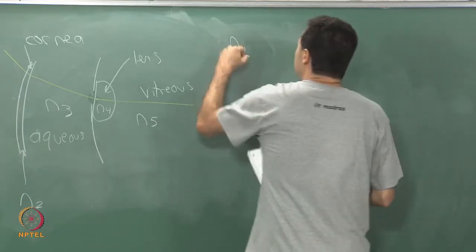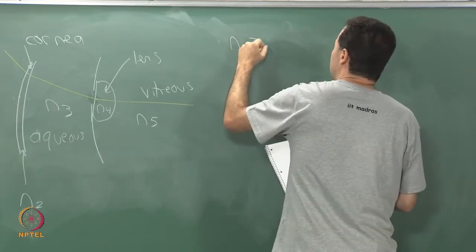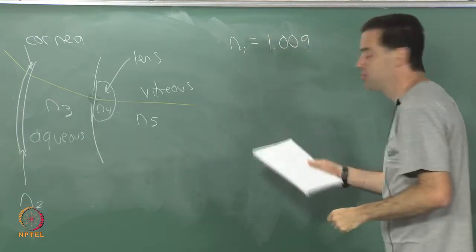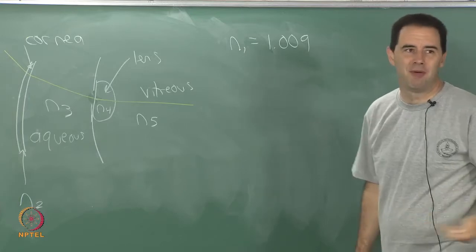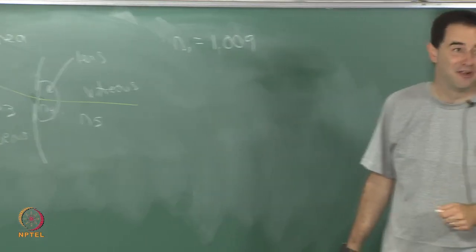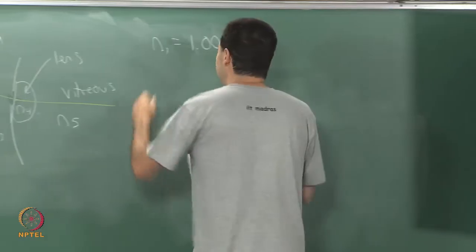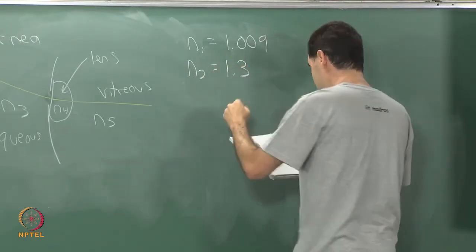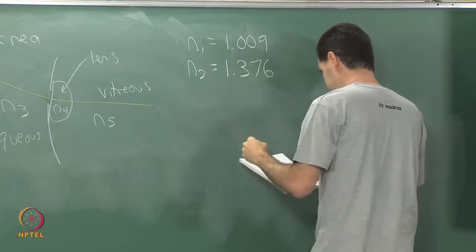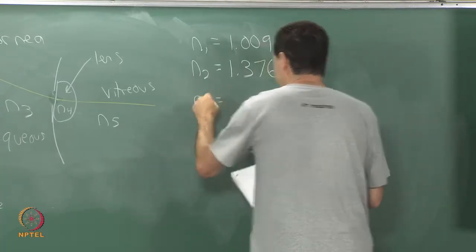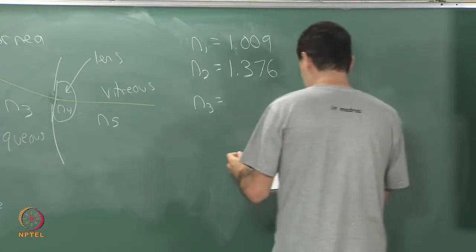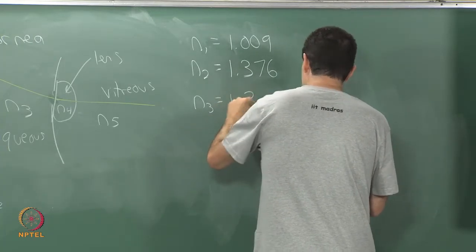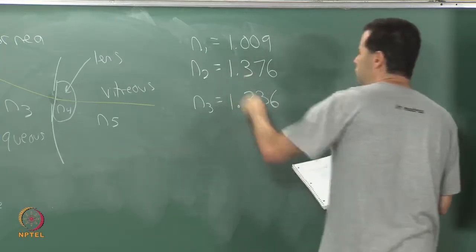So here are the refractive indices. Air is, well, about 1. When I looked up these numbers, it was 1.009. I'm sure it depends on things like altitude and humidity and other things, but I'm no expert on that. N2, the cornea, is 1.376, and N3, the aqueous or ocular fluid, is 1.336, so not too different.